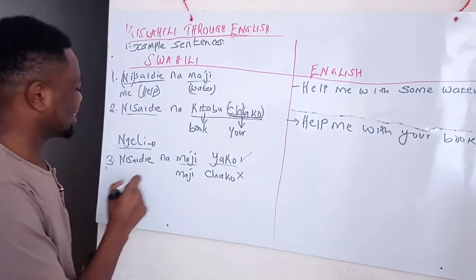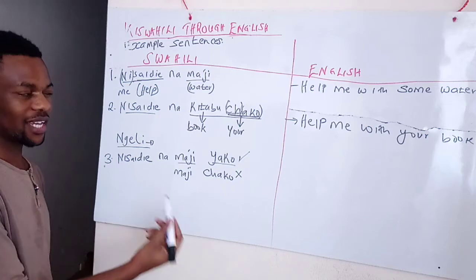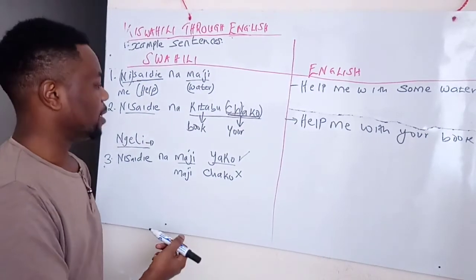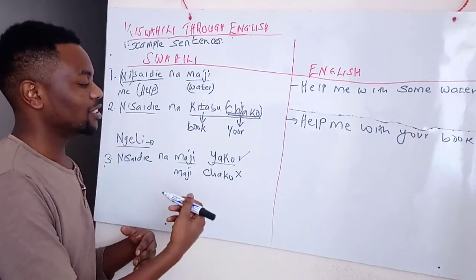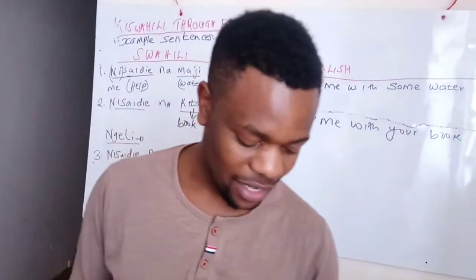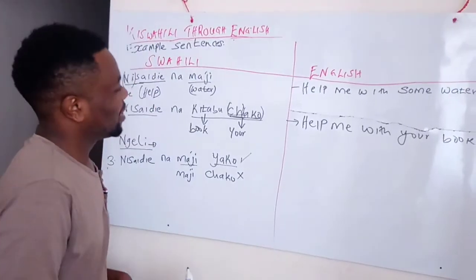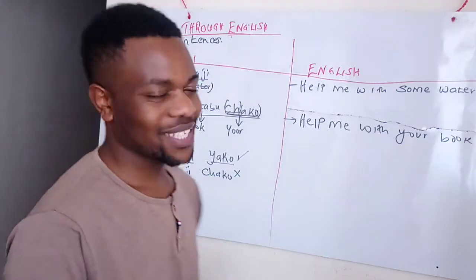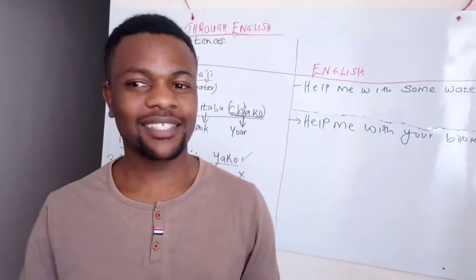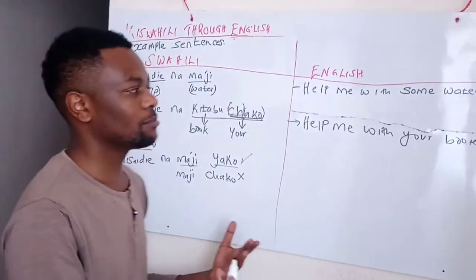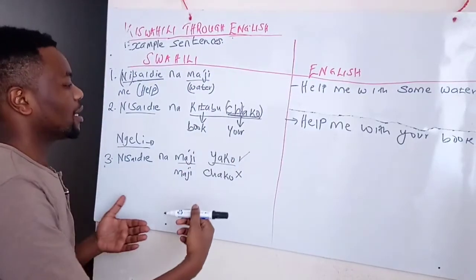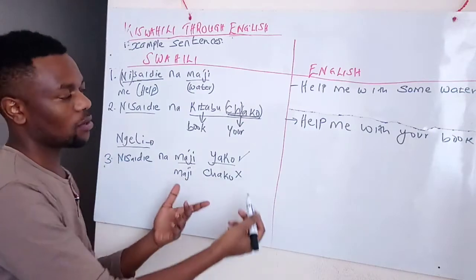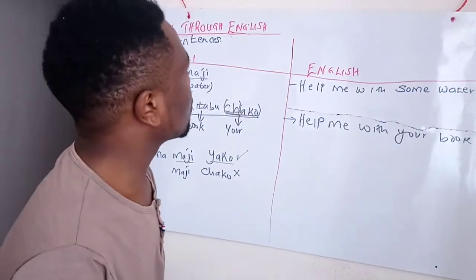But grammatically in Swahili it's not correct. So that one was just by the way. Don't feel like you need to be very perfect. When you just want to communicate and you say nisaidie na maji chako, it sounds funny, but it's understandable. It's just a starting point. With time, you get to know that I shouldn't say maji chako, I should say maji yako.